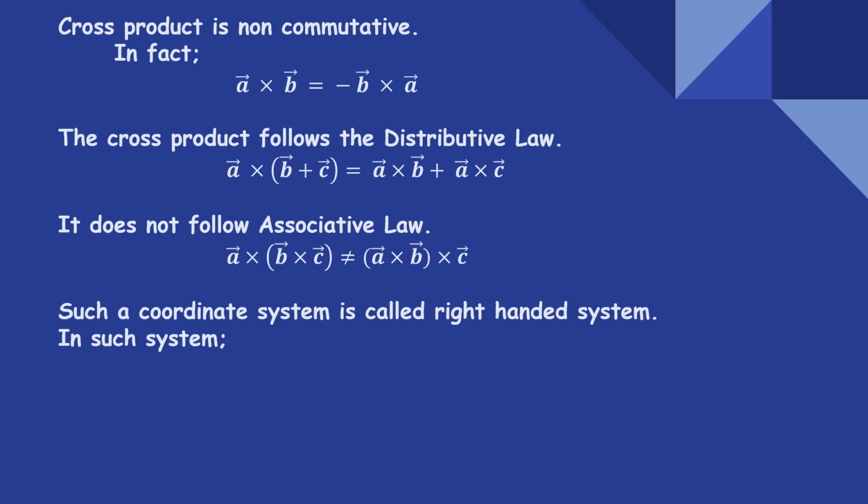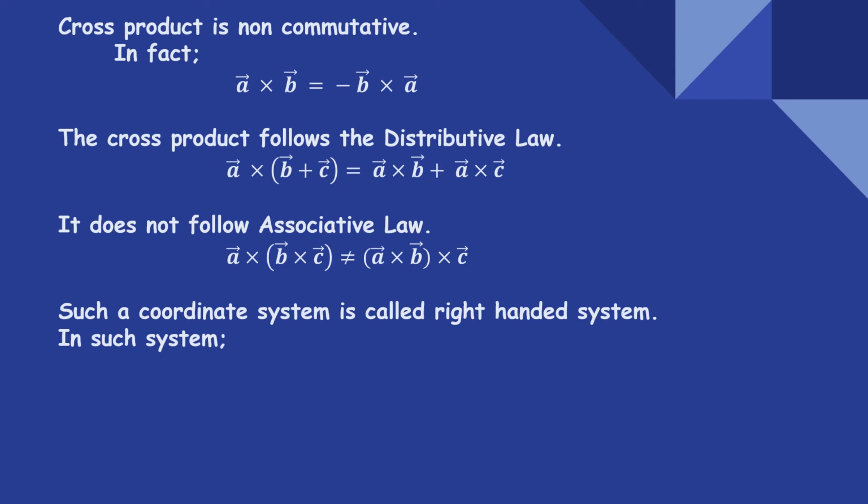Such a coordinate system is called a right-handed system. In physics we can take many coordinate systems, like a spherical coordinate system, cylindrical coordinate system, or angular coordinate system.